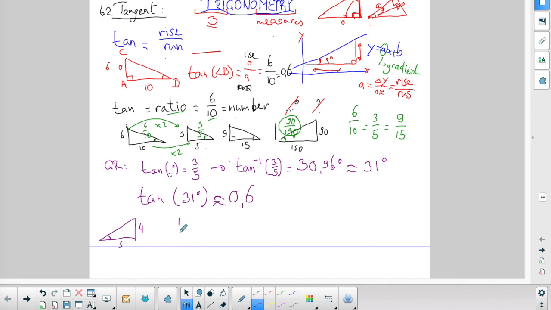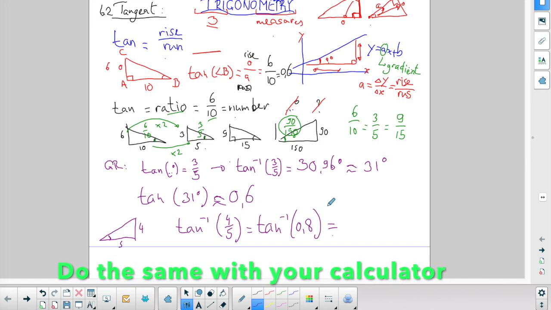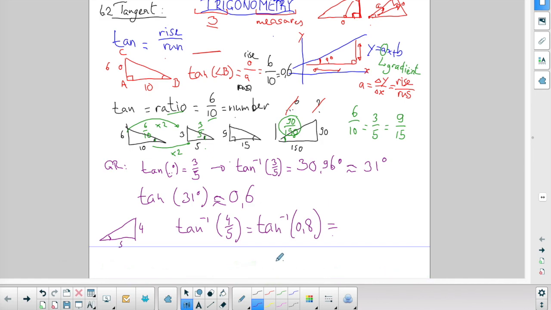Well, then the tangent inverse of 4 over 5, and let's write it with the decimal point, 0.8, equals 38.66 degrees.